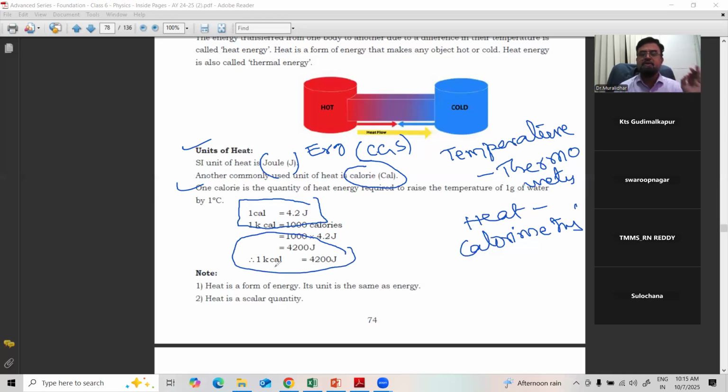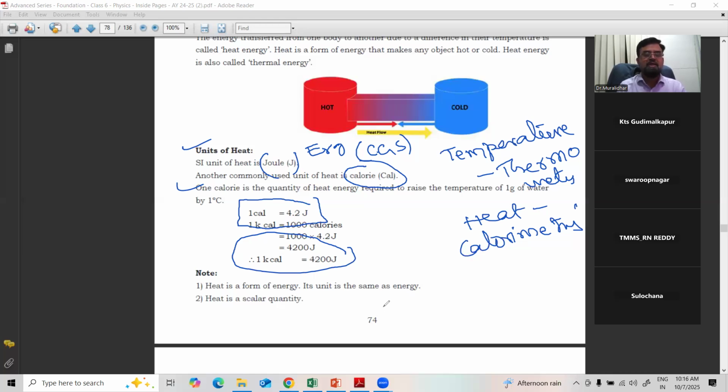So heat is measured in joule or erg, or another common unit is calorie, where 1 calorie is equal to 4.2 joule.